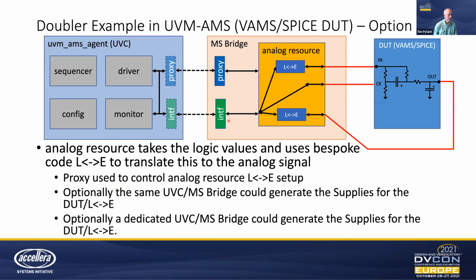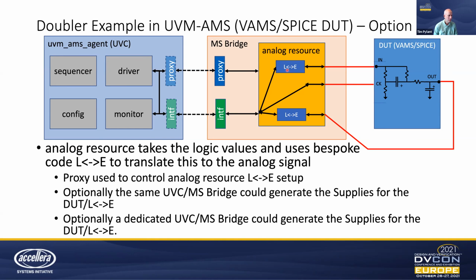And then here, we're going to use a proxy. So we're going to add a proxy and now drive in a continuously changing signal or something. So in this case, we would need to change the bridge slightly and create the proxy that will be used in conjunction with the interface to program. So in this case, we're going from a logic to an electrical.